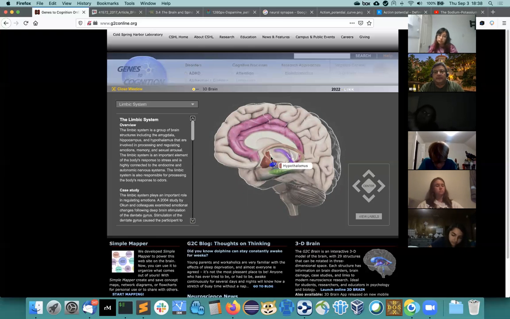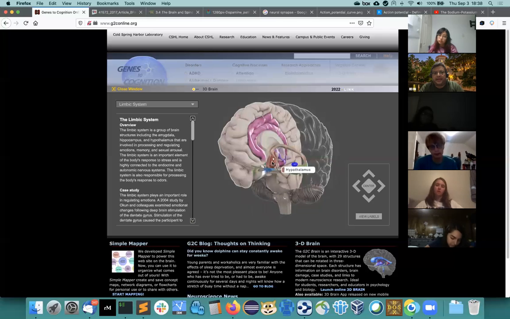Right here, this little guy in the middle, is called the hypothalamus. Let me rotate that around so you can see it from the front. So now we're looking at the brain from the front. There's the hypothalamus right there. It's in the middle of the brain, way down deep. The hypothalamus is responsible for controlling a lot of our basic bodily functions, like temperature maintenance, heart rate, breathing, and pain control.